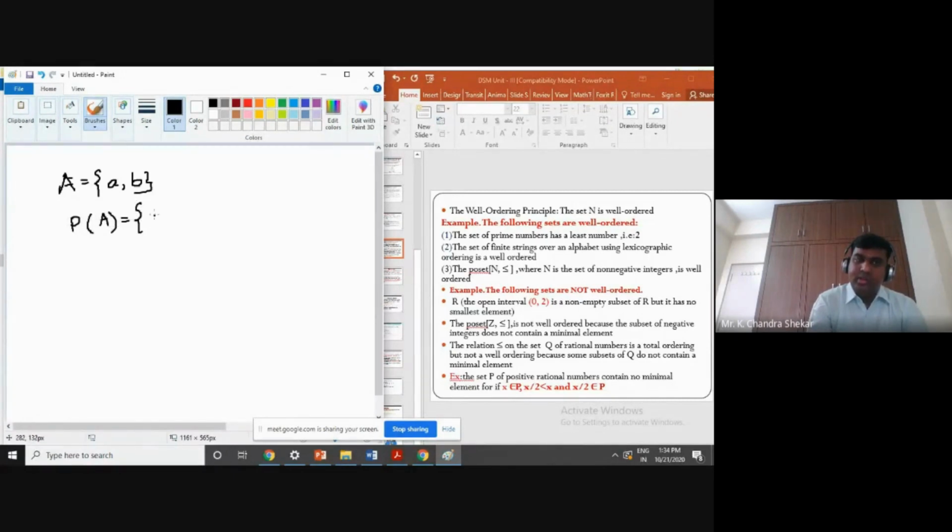Power set of A will be the null set, then the set containing element A, a set containing element B, and a set containing elements A, B.